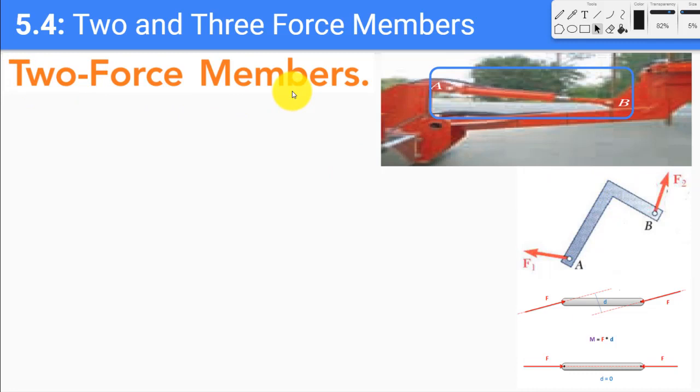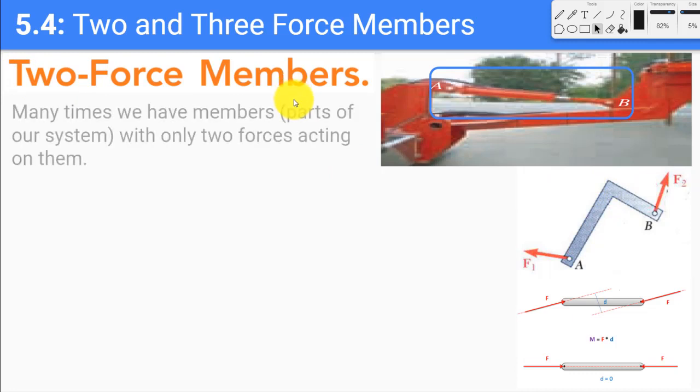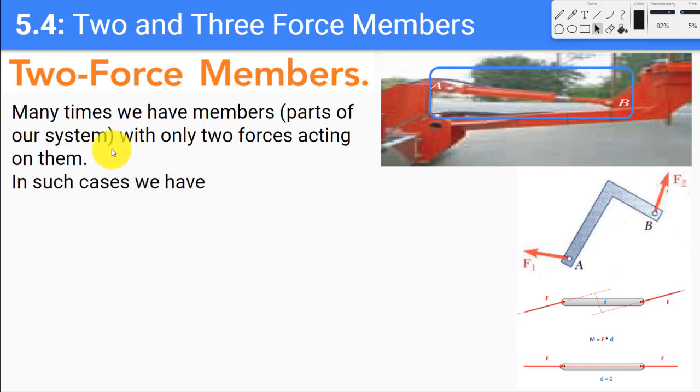So given that we only have two forces and we still want to use the same equations as we previously had, we need that the sum of all the forces should be equal to 0, and because we only have two forces, that means that F1 should be equal to minus F2. So if the two forces are F1 and F2 like shown here, then both the forces should be equal and opposite in direction, as this statement is telling us here.